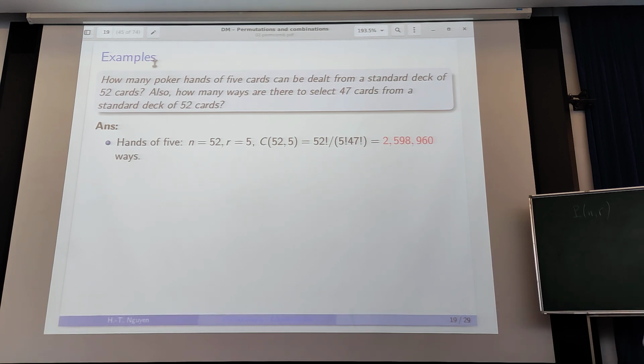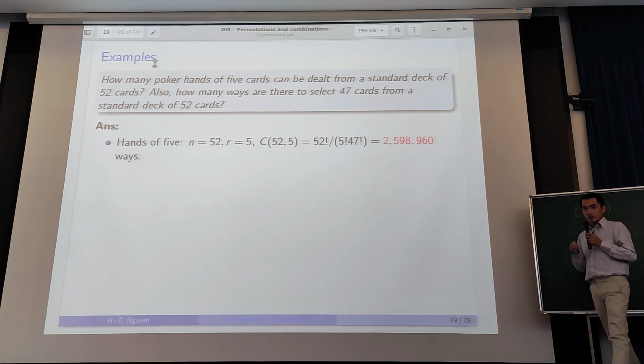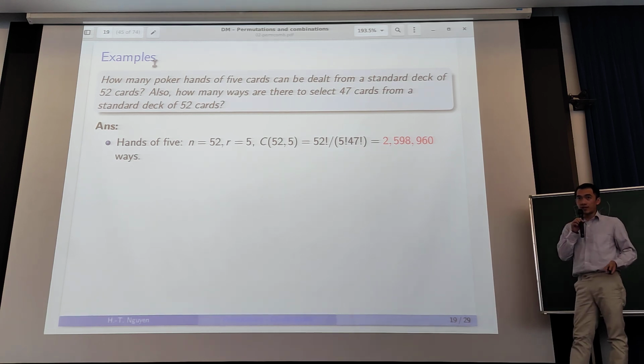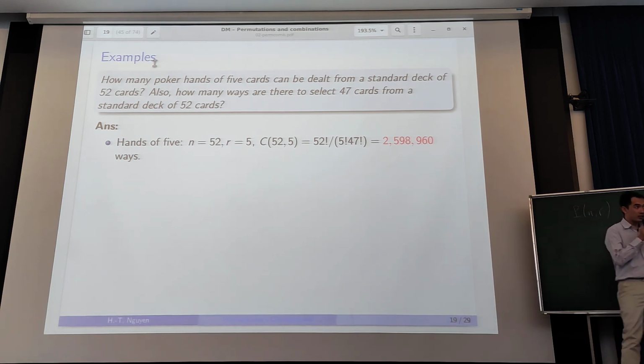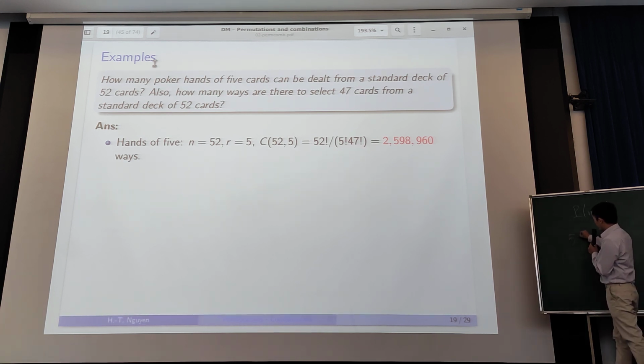We do not calculate 52 factorial, but we simplify first. So what do we simplify? Do we simplify by 5 factorial or 47 factorial? We will simplify by the bigger factor. So this one, we do not calculate 52 factorial, but we write it.